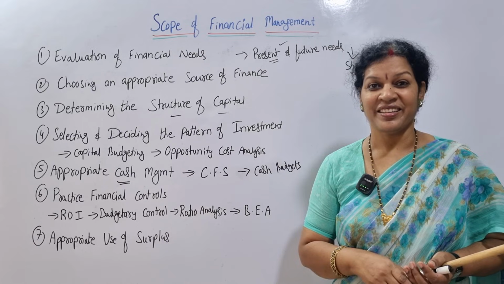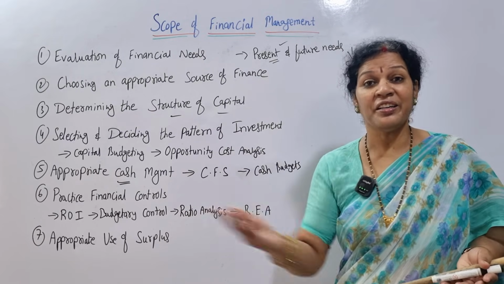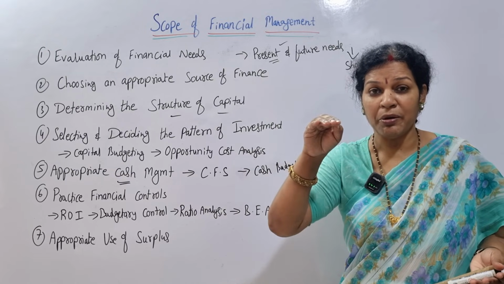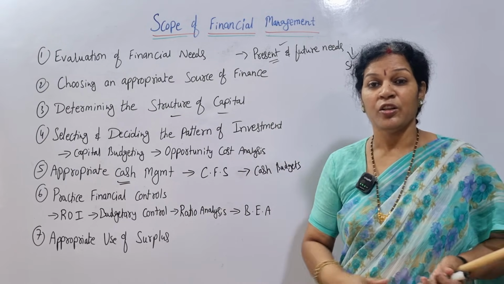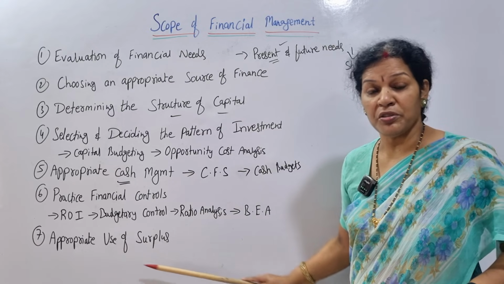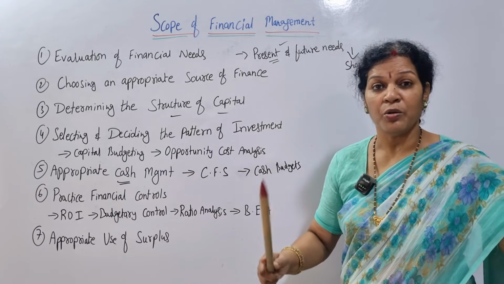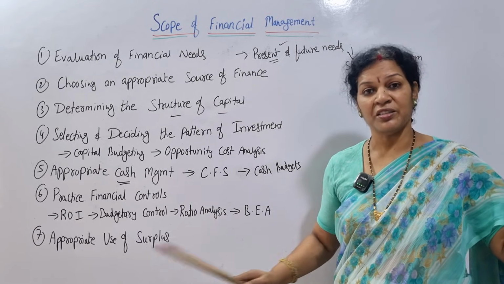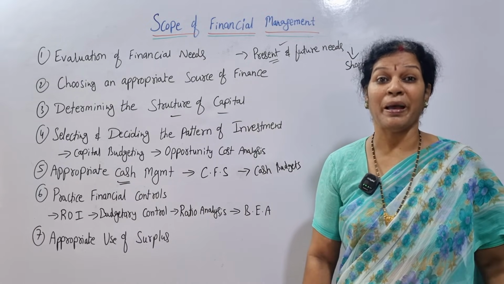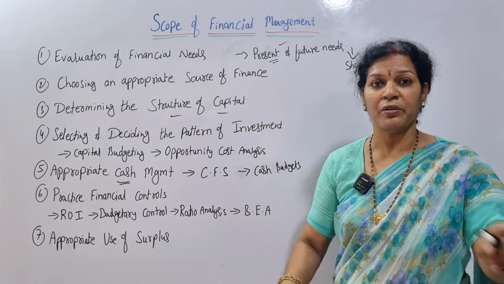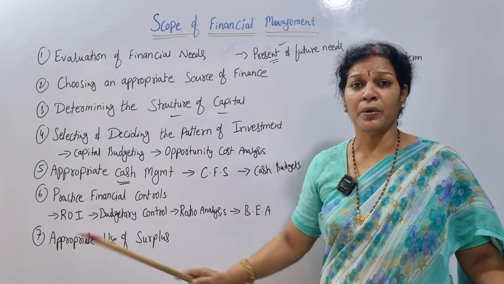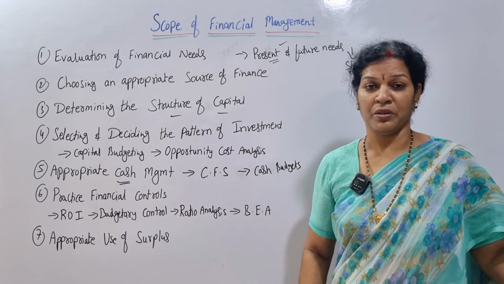Surplus, extra. We can't return it back, but you have to utilize it. You have to retain the surplus amount in the business itself. So appropriate use of surplus, where to invest, how to utilize it, and how much return I am going to get. We call it management of surplus, appropriate utilization of surplus. These are all the areas of the scope of financial management.